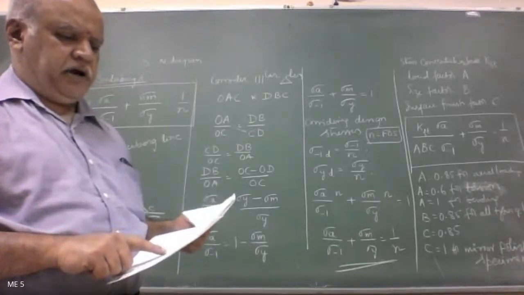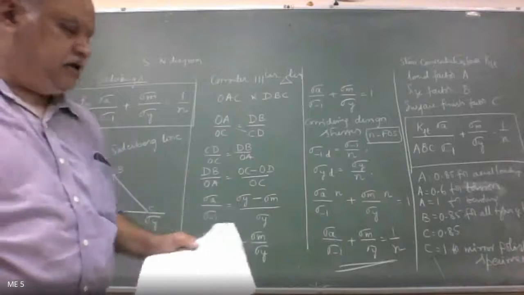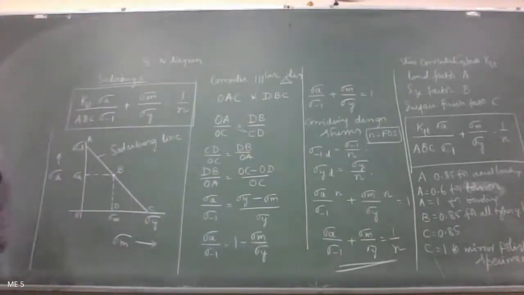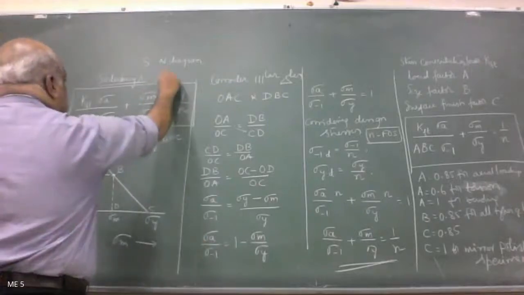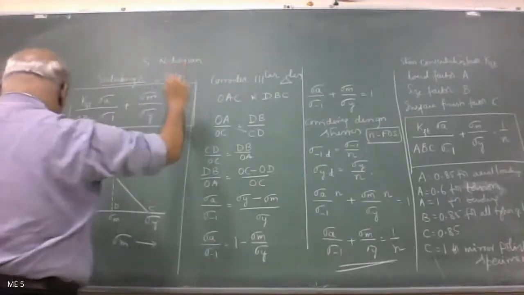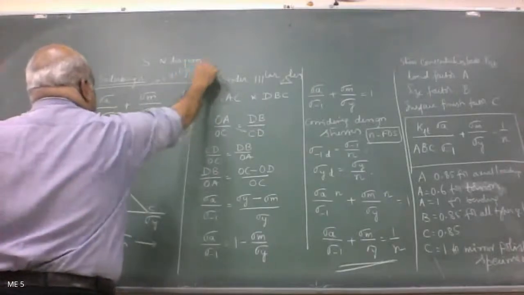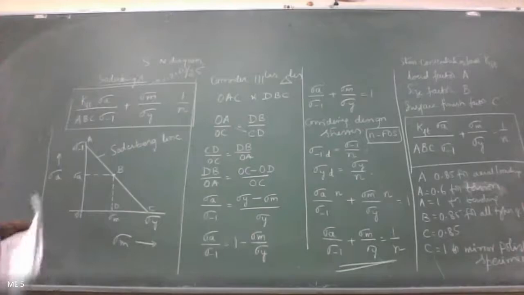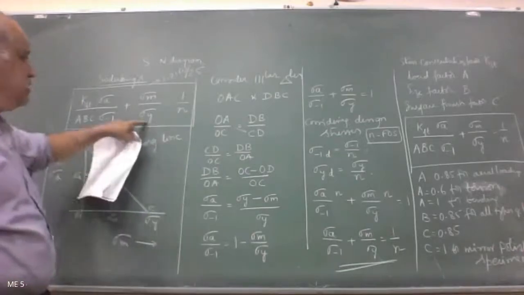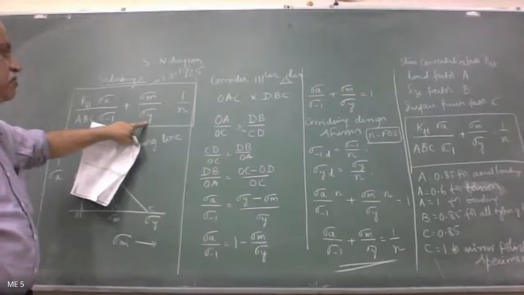K_FT sigma_a by ABC sigma endurance plus sigma mean by yield stress is equal to 1 by n. So this equation is given by equation number 2.21c in page number 25. And Goodman's relation: the yield stress is replaced by ultimate stress for the Goodman relation.